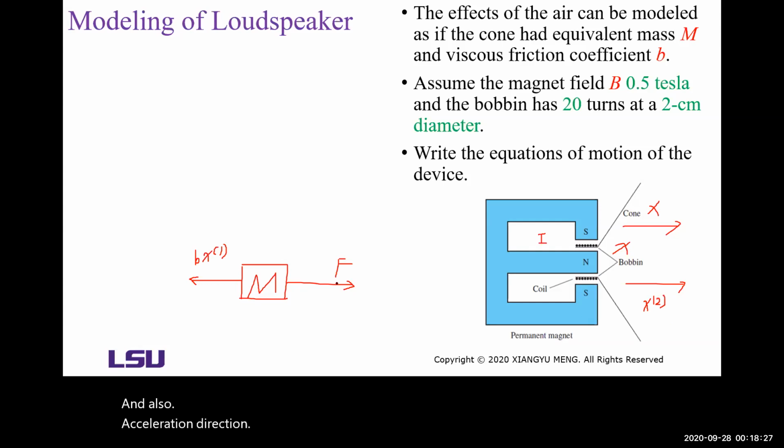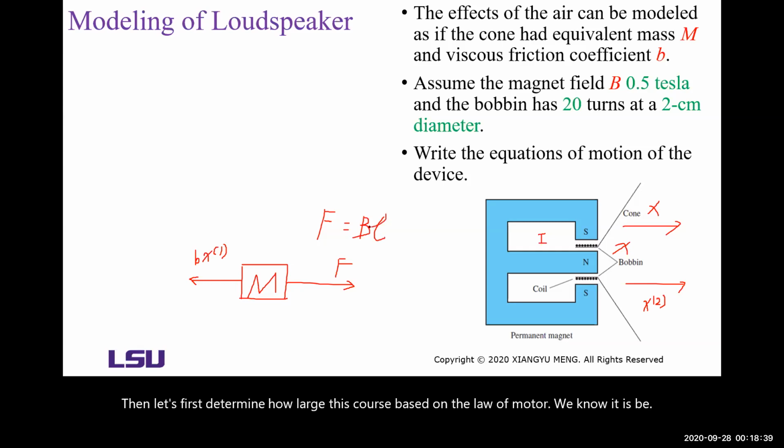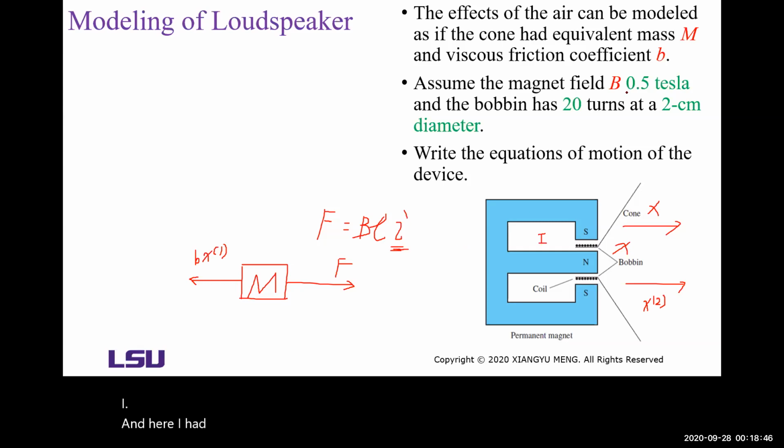Then let's first determine how large this force is. Based on the law of motor, we know F is B L I, and here I is the input. Then we assume the magnetic field B is 0.5 Tesla.